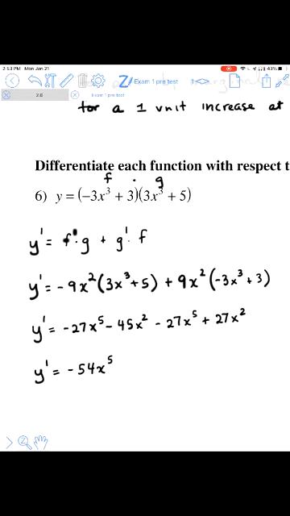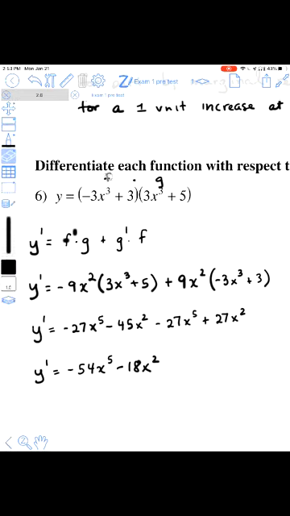And then, let's see, the 45 has an x squared term and the 27 has an x squared term. So those can combine. Let me make sure I get my math correct here. That's going to be 18. So negative 18x squared. Now that's one option for question 6.